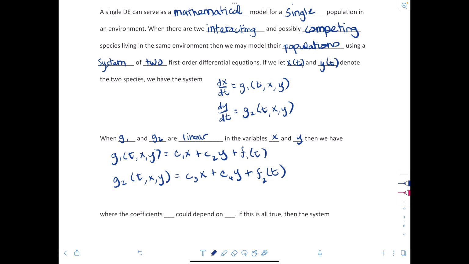where the coefficients ci could depend on t.